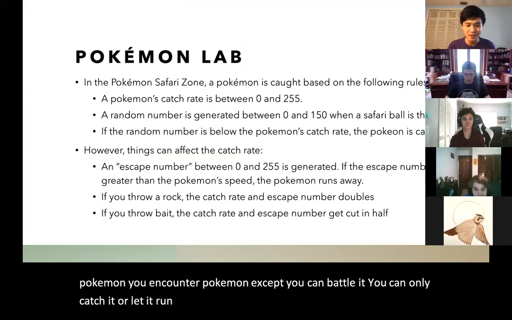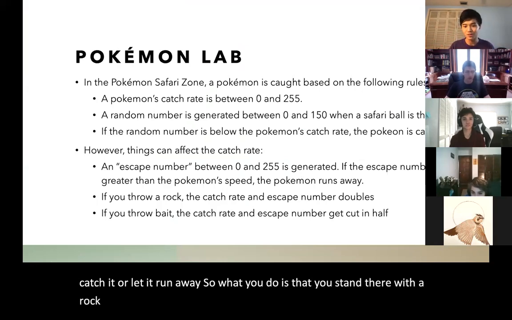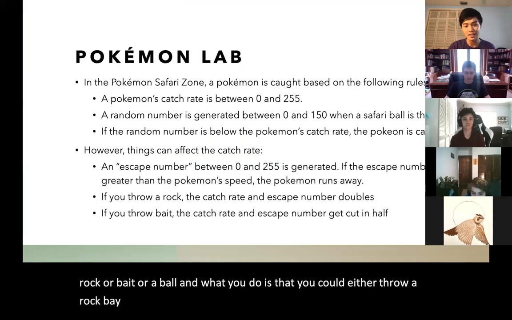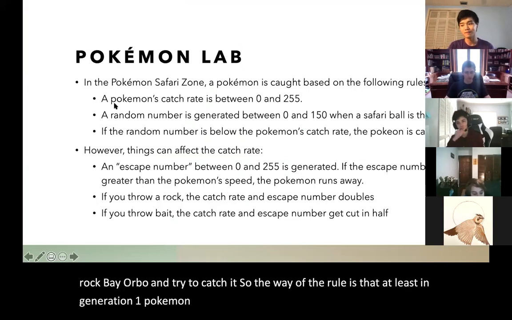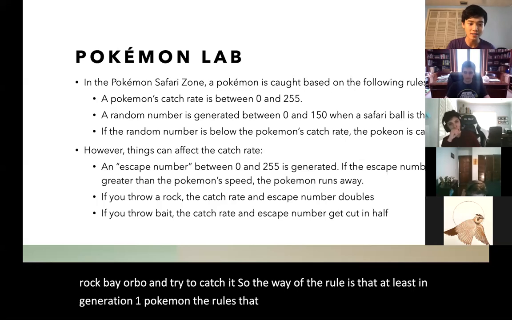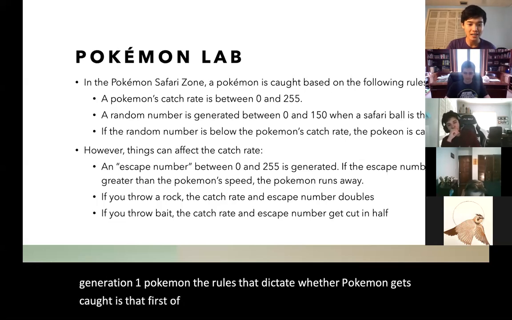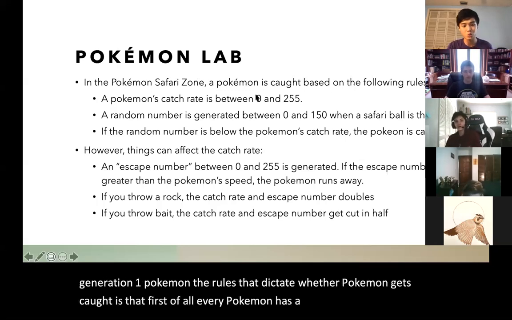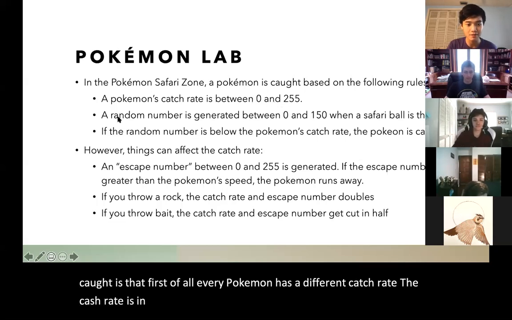So what you do is you stand there with a rock, bait, or a ball, and you can either throw a rock, bait, or ball and try to catch it. At least in Generation 1 Pokemon, the rules that dictate whether a Pokemon gets caught are, first of all, every Pokemon has a different catch rate, between 0 and 255.